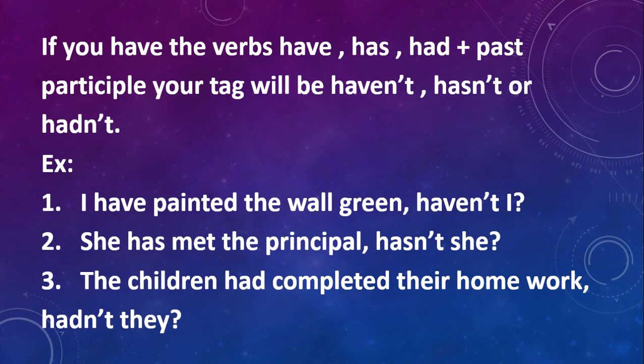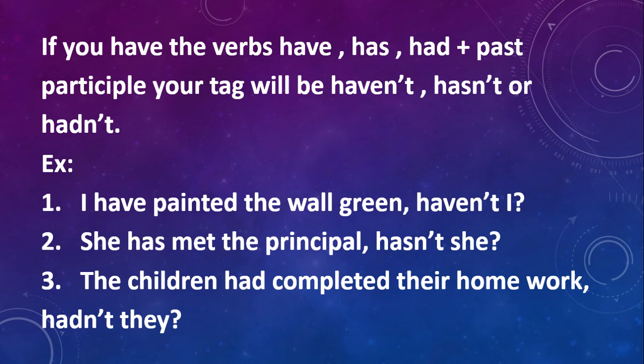Next one. If you have the verbs have, has, had plus past participle, your tag will be haven't, hasn't or hadn't. Check the sentence whether you have, has or had in the sentence, and then the particular verb should be followed by past participle.